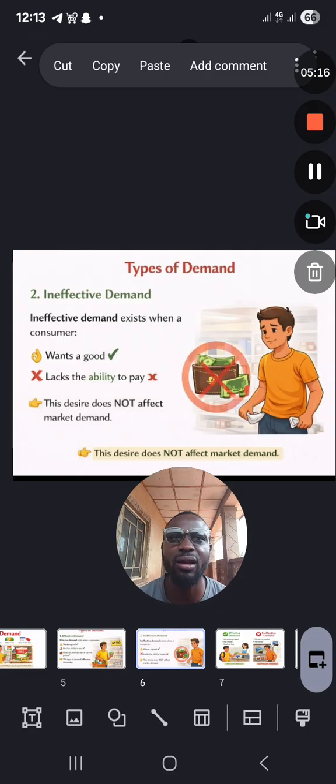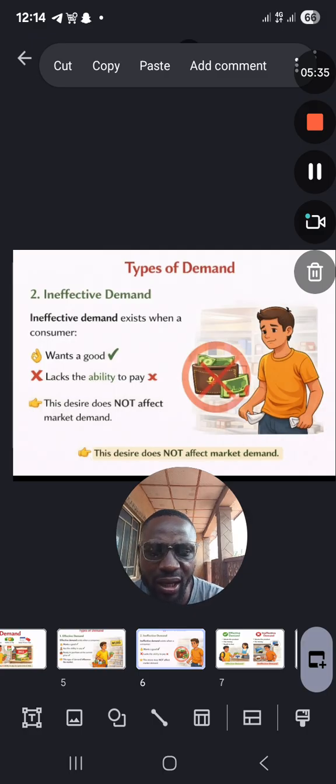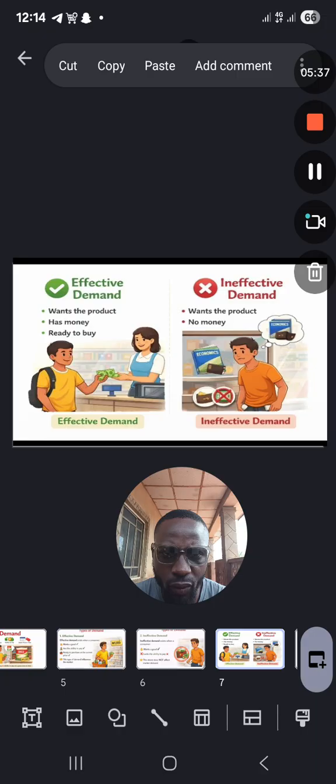Let's take, for instance, a student who wants an iPhone. It is just a mere desire. It is a want, right? But because this student does not have the ability to pay for this iPhone at that particular time, it is called an ineffective demand. Now, the differences between an effective and ineffective demand are simple.